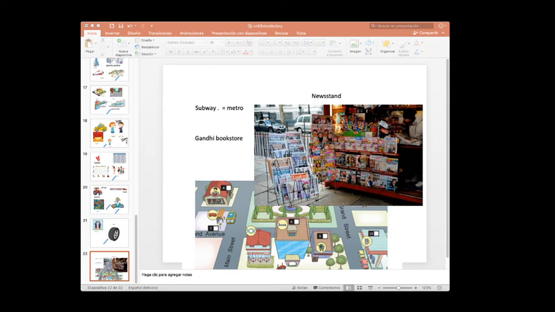Language in context. Pay attention. Page 76. Exercise 2. Language in context. Ads. Mama's Place. Come to Mama's Place for real Italian food.